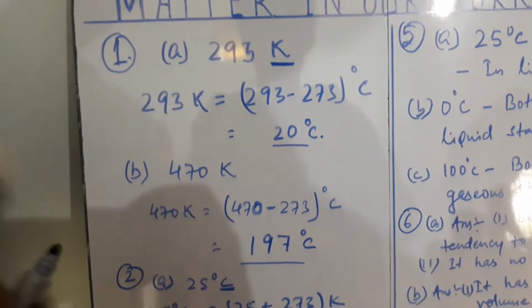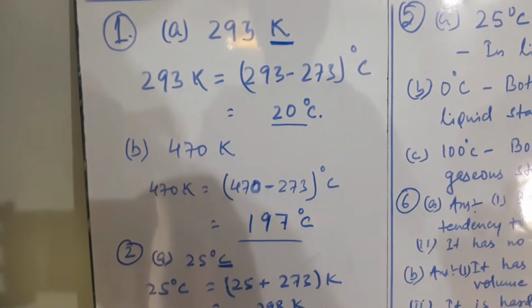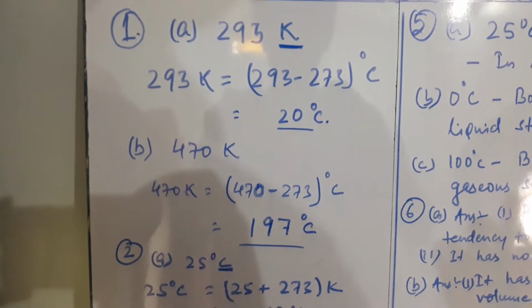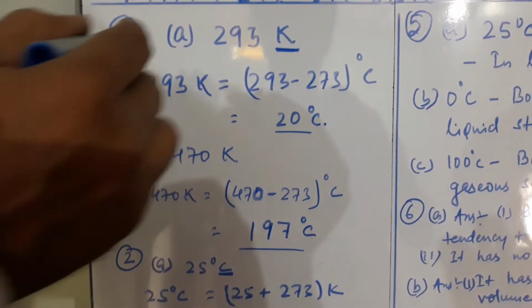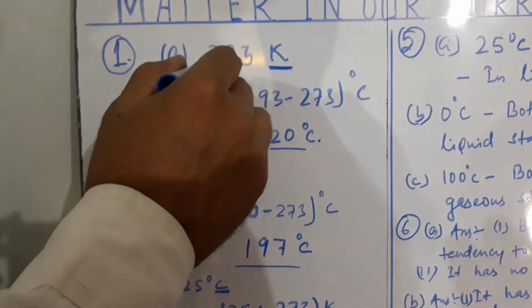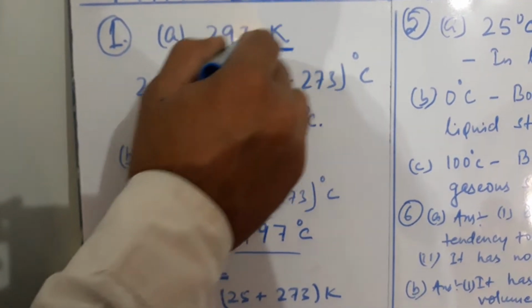Question number one is: convert the following temperatures to the Celsius scale. See, it is given here, 293 Kelvin.